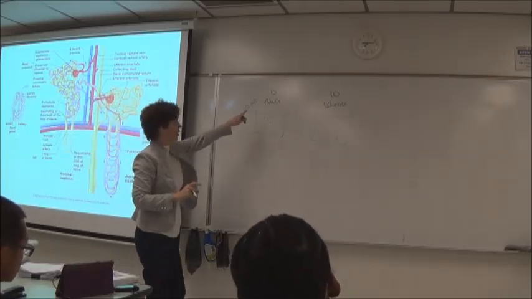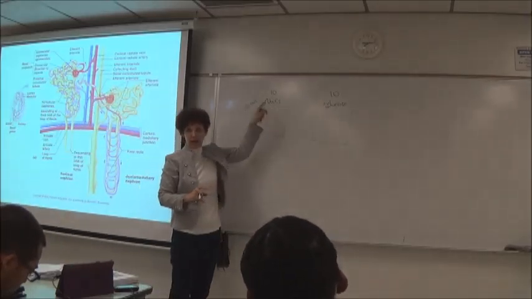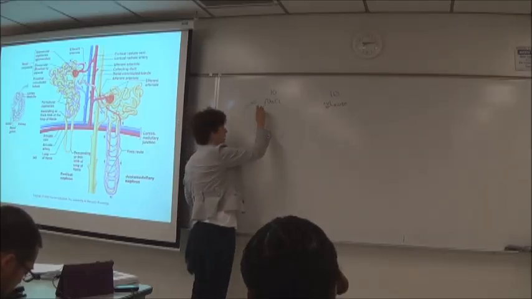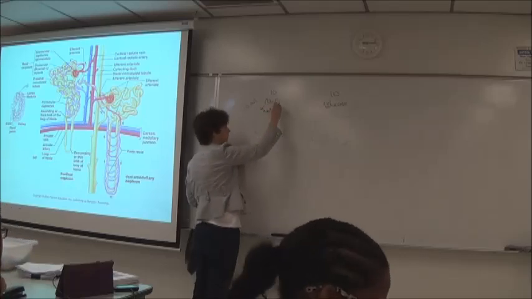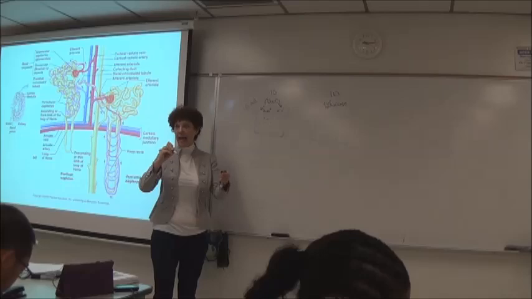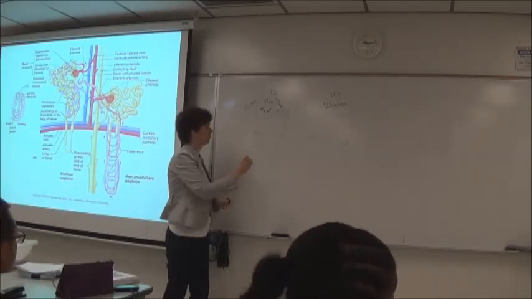However, does sodium chloride stay in water as sodium chloride? No. This is going to dissociate to a sodium ion and a chloride ion. So instead of 10 particles, I'm going to have 20.